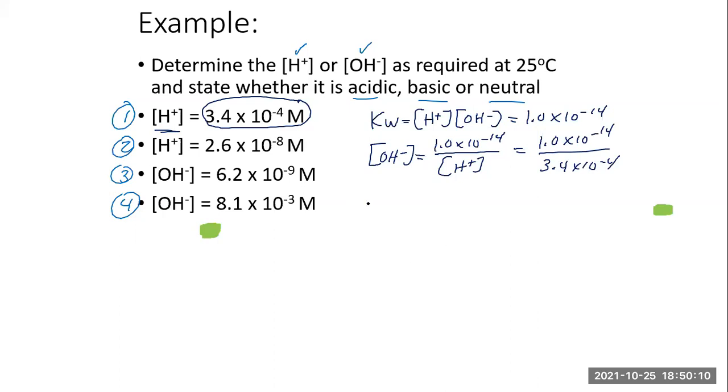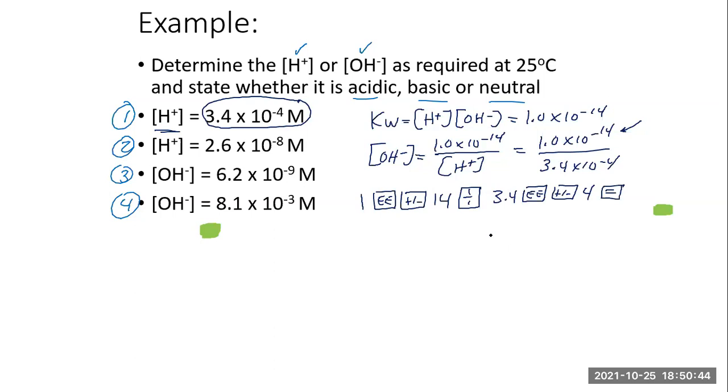So just to remind you, if you were going to punch this in, you would hit 1, you would hit your exponent button, which would put that E up. You would hit your negative button and you would type 14, and that would be the proper way to type that in. You then would hit your divide button, and then you would type the bottom in the same way. It would be 3.4, your exponent button, your negative button, and 4, and then obviously hit the equals button at that point.